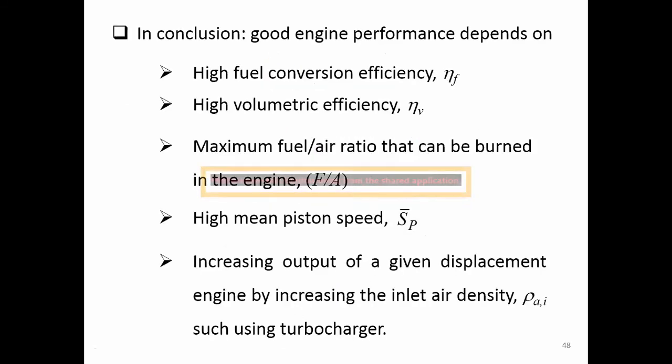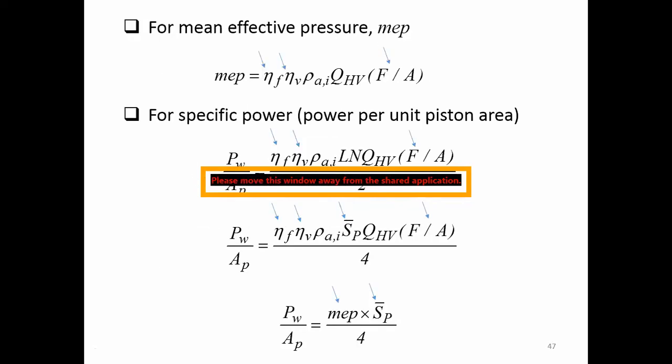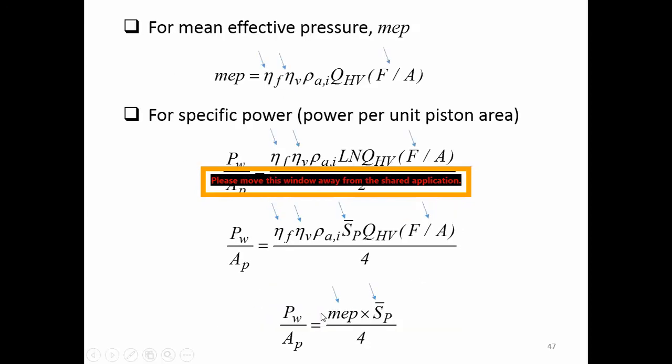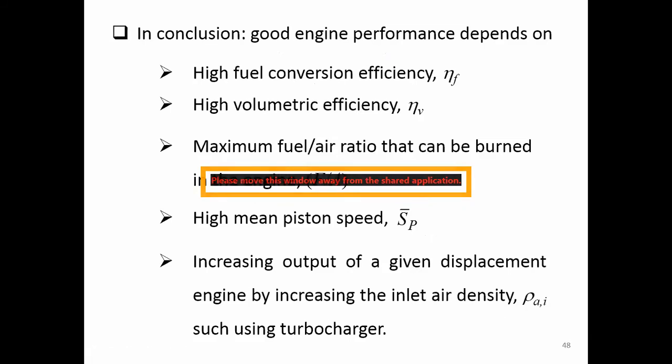Okay. So in conclusion, good engine performance depends on what? It depends on high fuel conversion efficiency. If you look at this here, if you have high fuel conversion efficiency, you have a good engine performance. High volumetric efficiency.